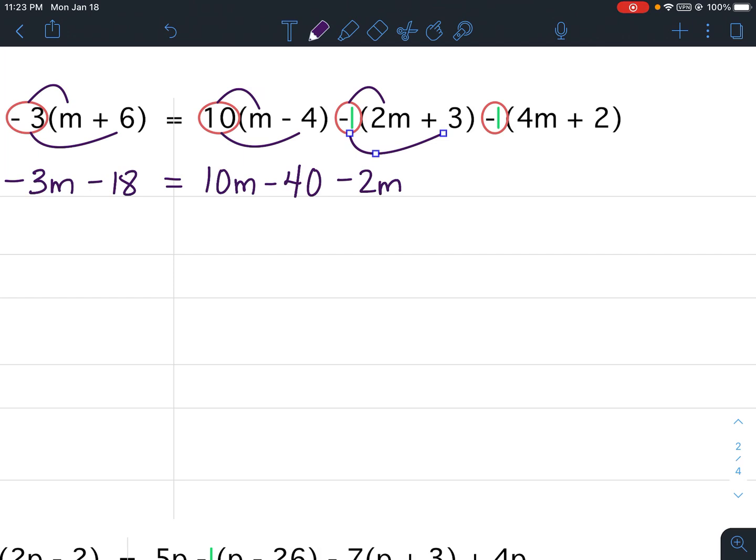And -1 times 3 would be -3. Remember, when you distribute -1, it's just changing the signs of whatever's inside the parentheses. So again, when I distribute this -1, the +4m would become -4m. And the +2 would become -2.